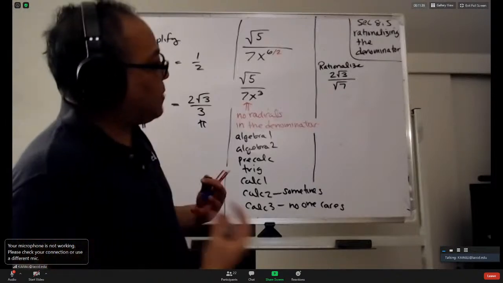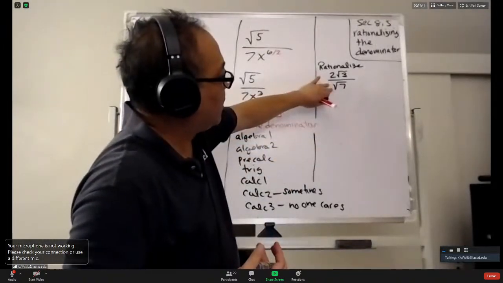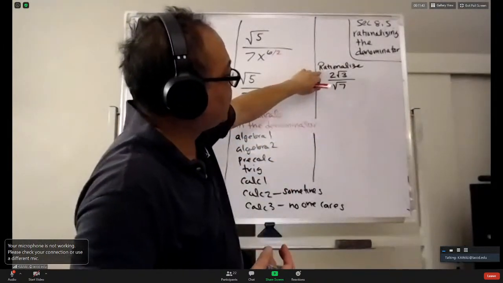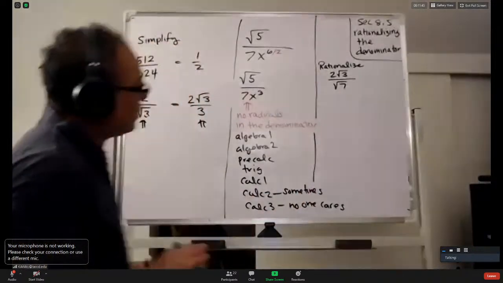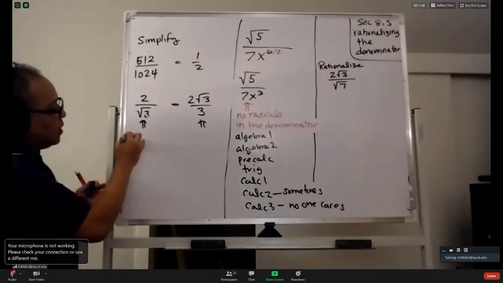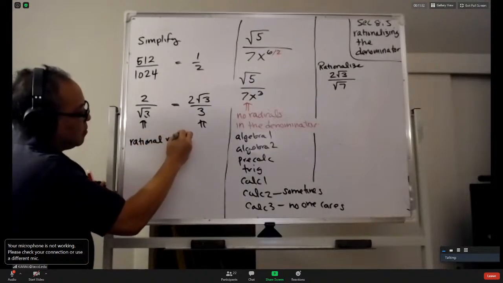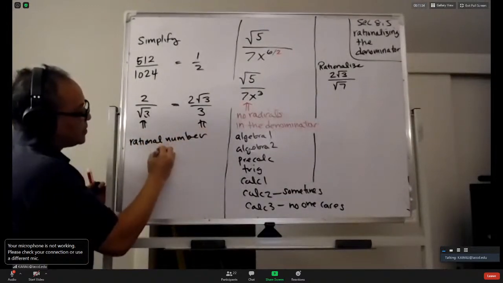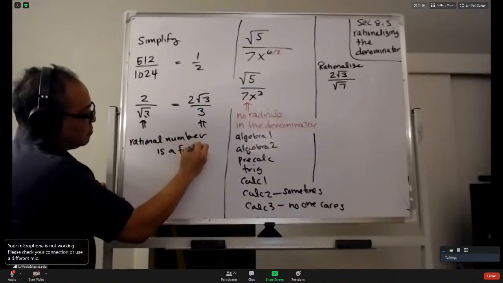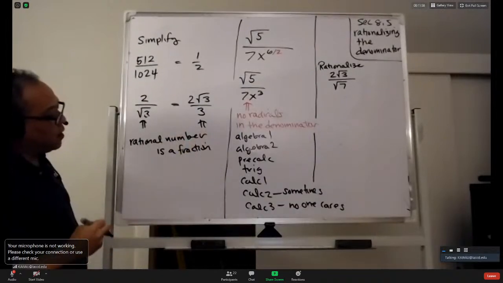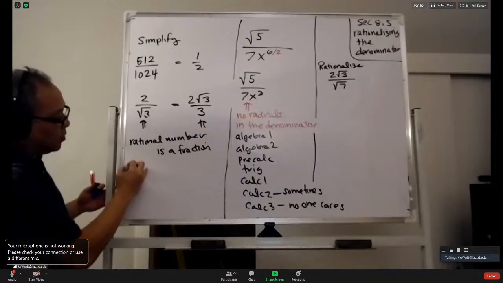I'm telling you that we can't have a radical in the denominator. Why does the question say rationalize? Now, let's remember what a rational number is. A rational number can be written as a fraction. And then you go, well, what's an irrational number?